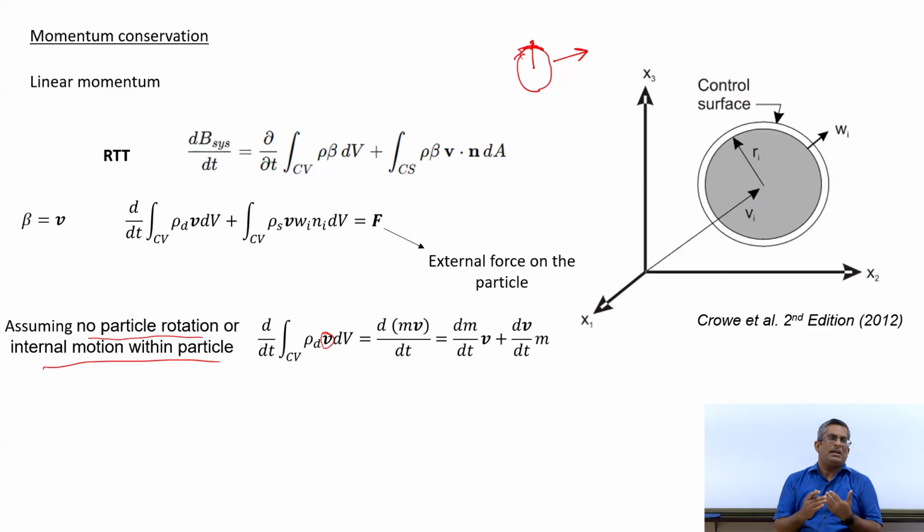In that case, even if the particle is stationary, it is possible that there is some internal motion, and that is because of Marangoni convection. Because of some reason, if there is a temperature gradient on the surface, then the surface tension is different, and that causes the flow to happen. There can be other possible scenarios also.